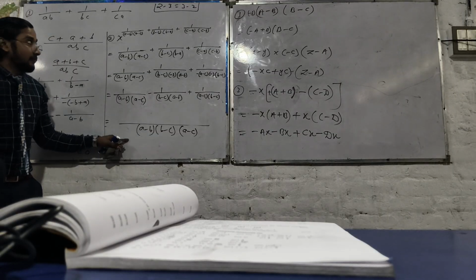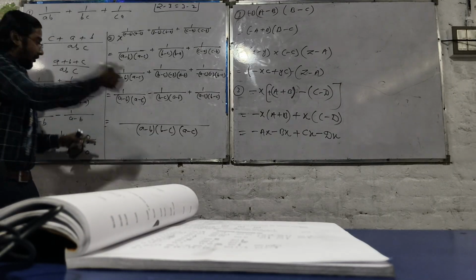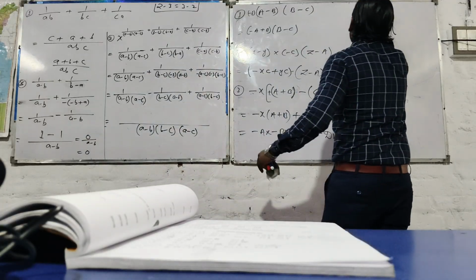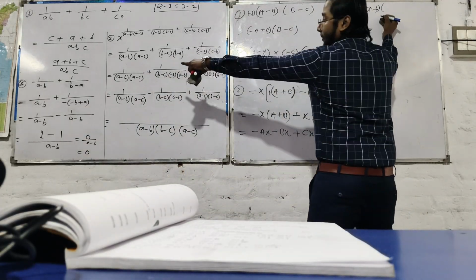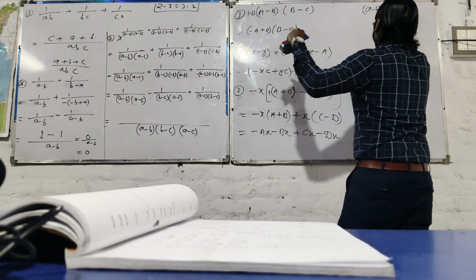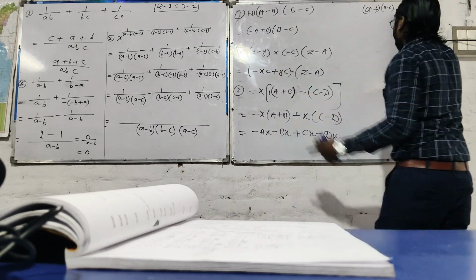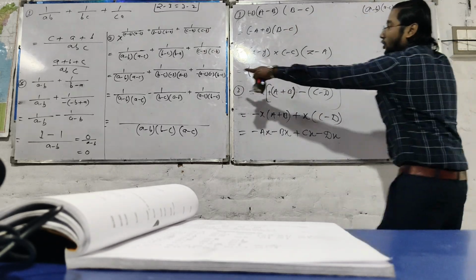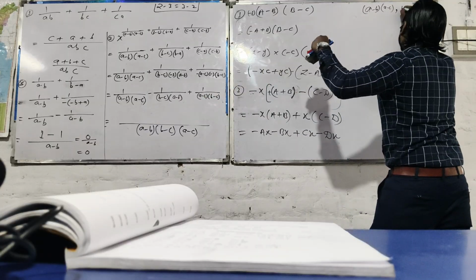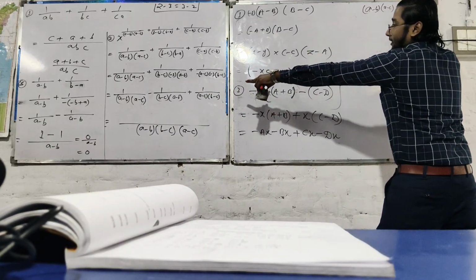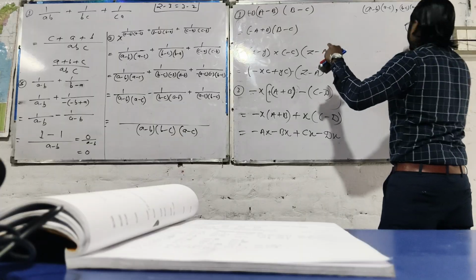How did we come back now? Write this. Sir, A minus B, A minus C. Right? Comma. Now I'll put the comma here. Now B minus C, A minus B, comma.